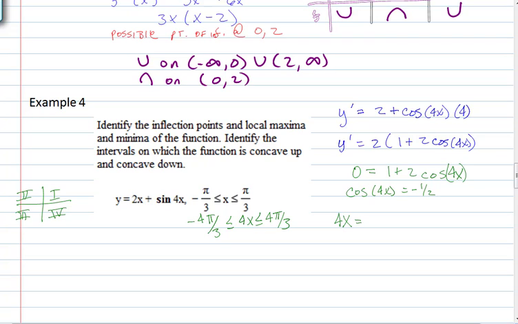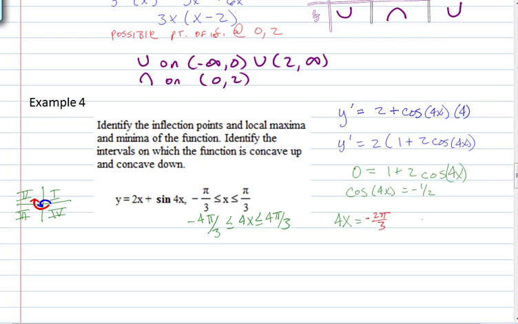So from negative 4 pi over 3, we're looking at this angle right here, and positive 4 pi over 3 is here. Okay, so cosine's negative in quadrants 2 and 3, so let's do the negative one first. That's negative pi over 3, so that would be 2 pi over 3.